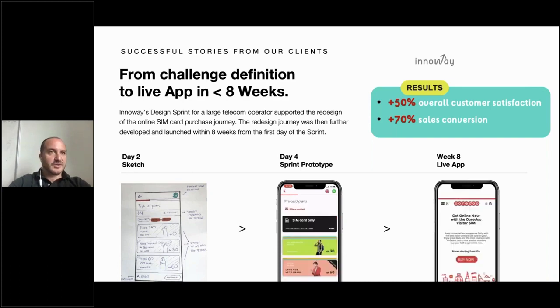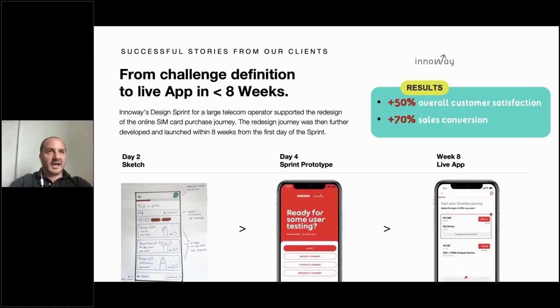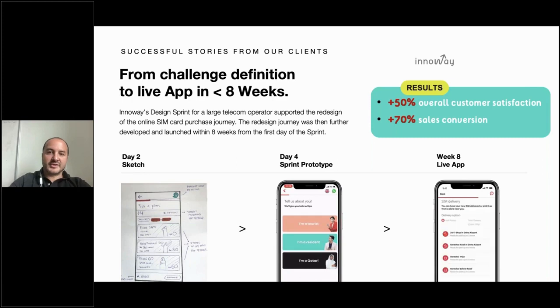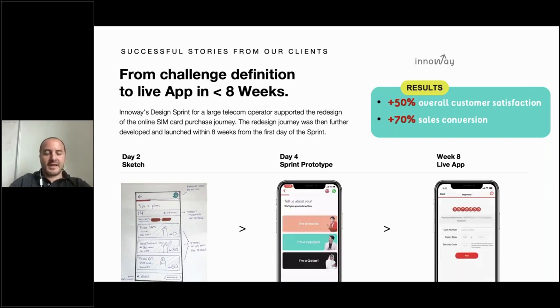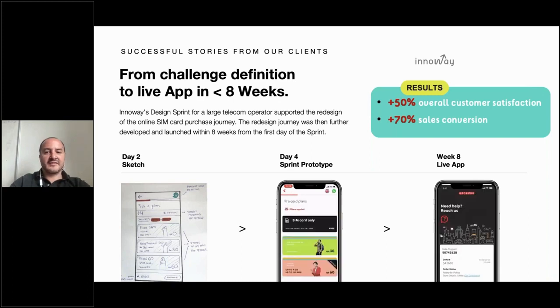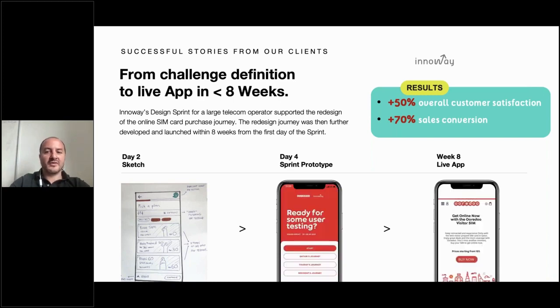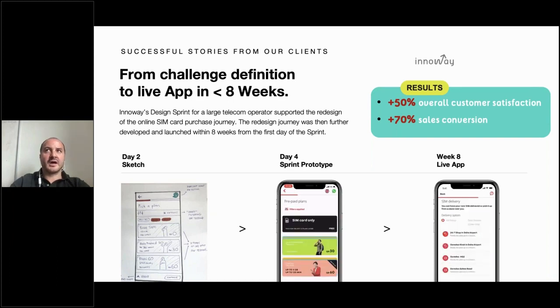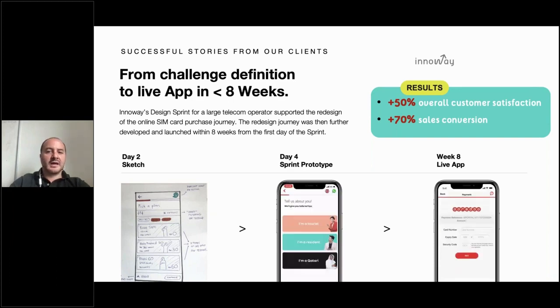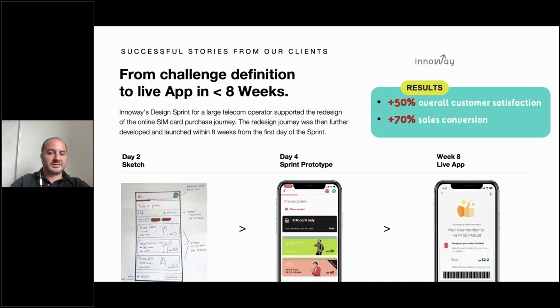So we took the challenge and we used the design sprint methodology to speed up the process. And we managed to get 50% more of overall customer satisfaction, and we will understand how we measure that and why, and 70% of sales conversion.